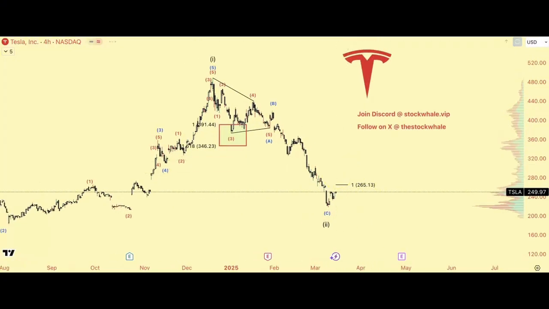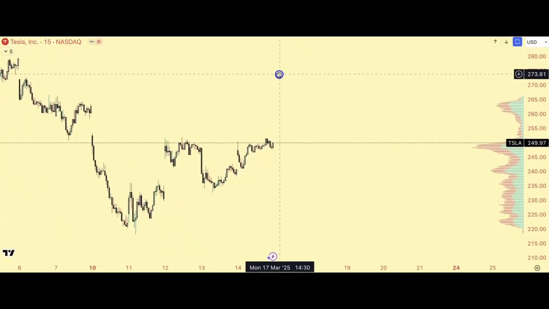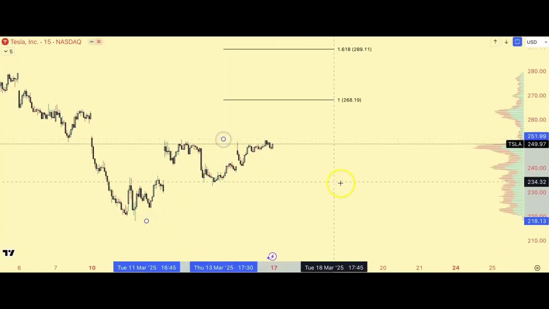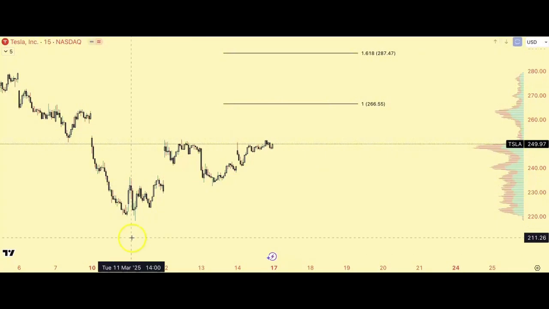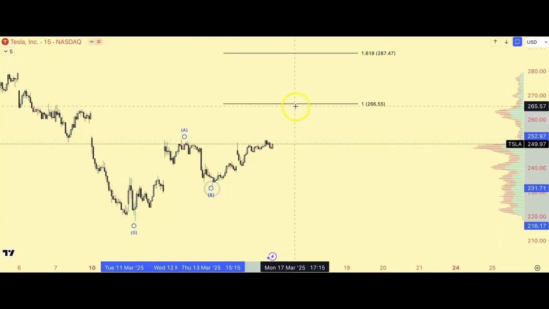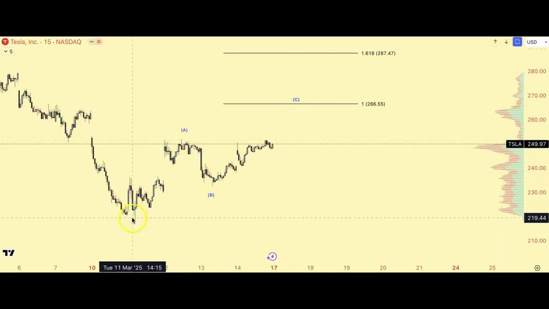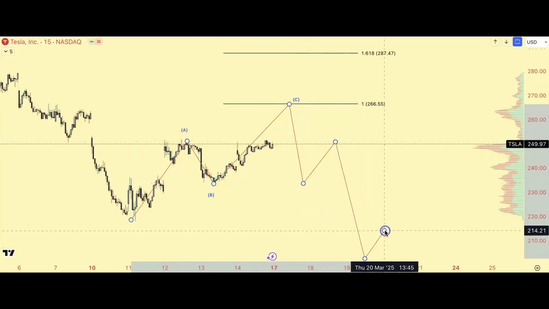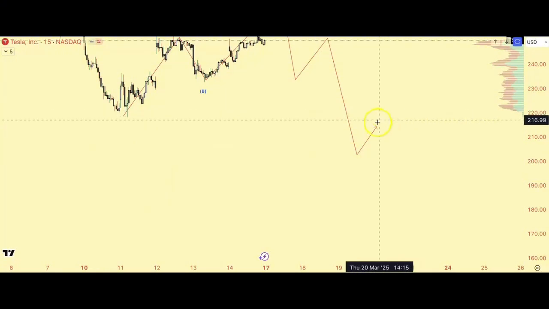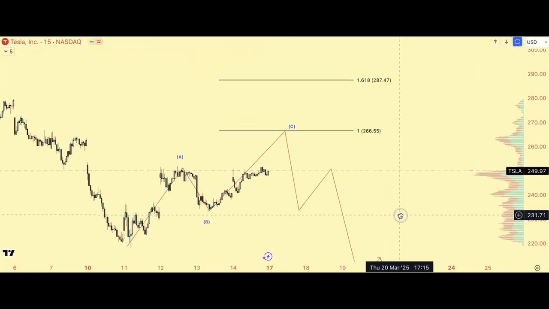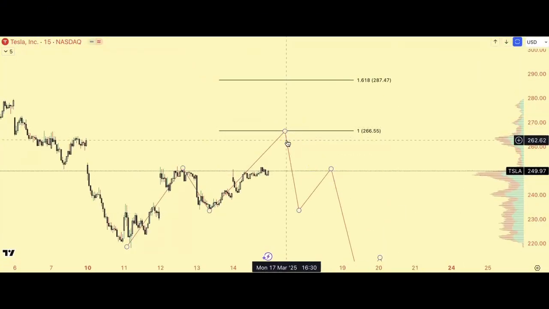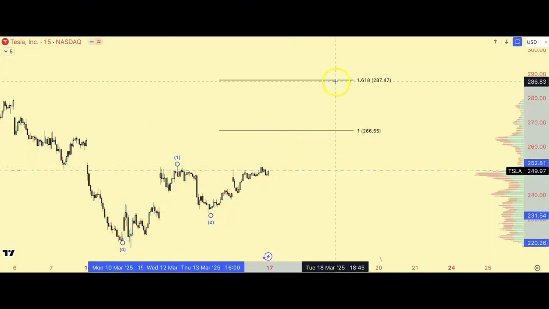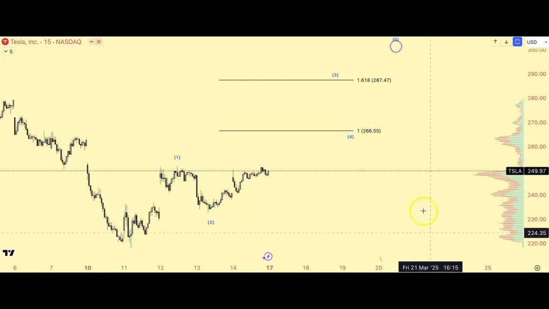Now, the thing I want to see here instead is that if you take a look on a 15-minute time frame, instead of this just being a three-wave move, an A, B, C, where we're going to get rejected at 266, then a 5-wave move down, instead of that happening, what I want to see is Tesla actually putting in a wave 1, 2, all of this is a 3, 4, 5, okay, like this.